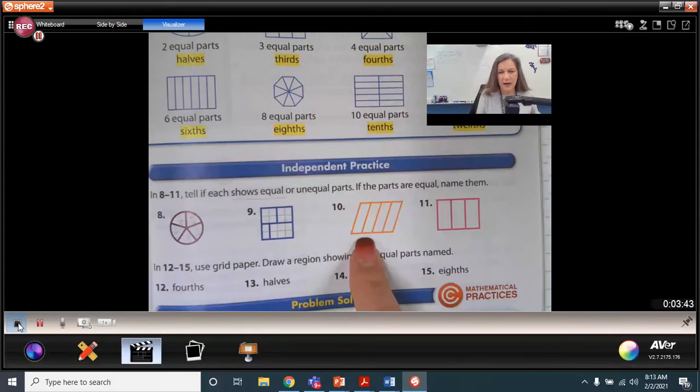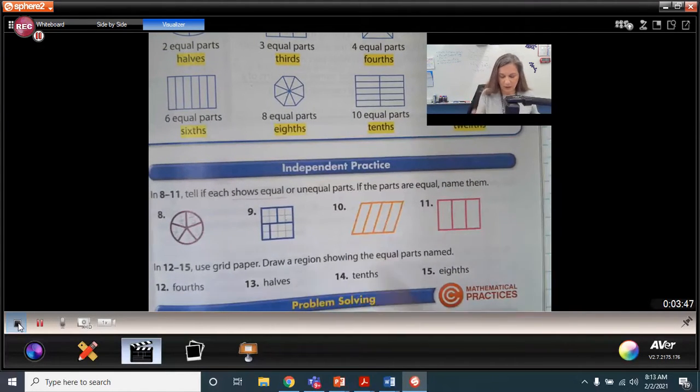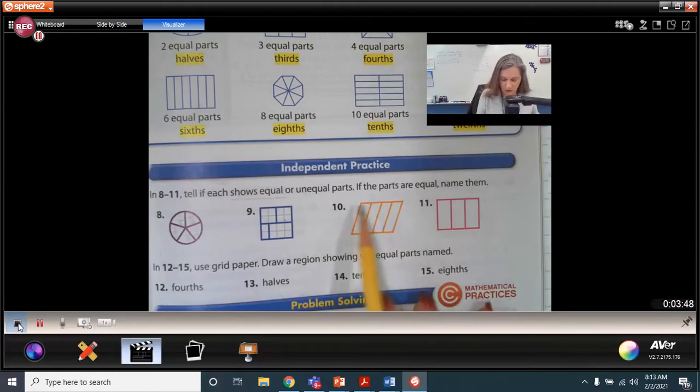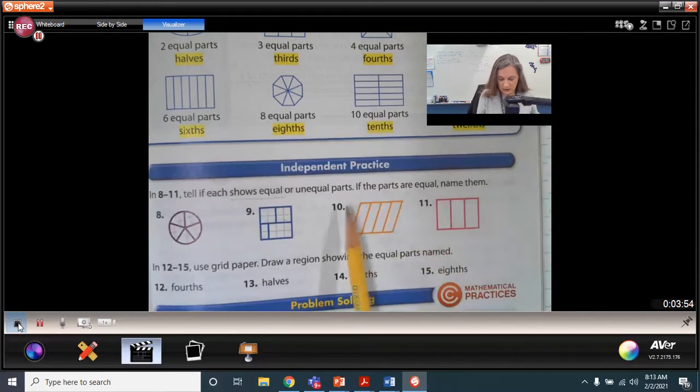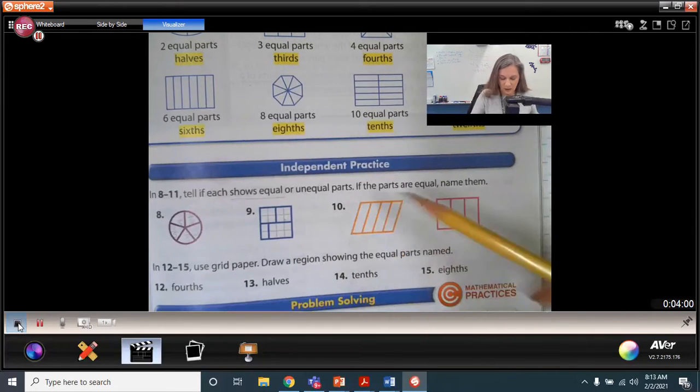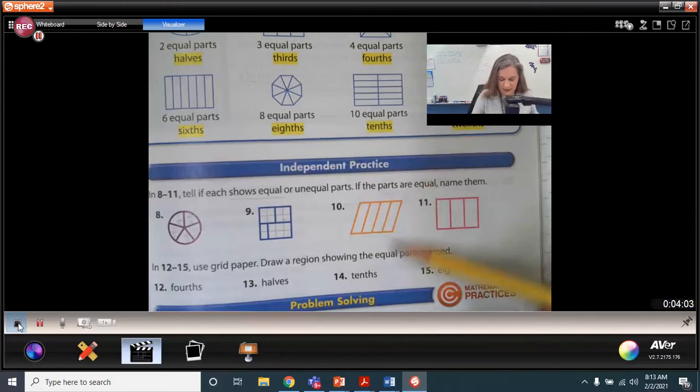Number 10 is a parallelogram. Everybody remember parallelogram? A parallelogram is a quadrilateral with 2 pairs of parallel sides, which means the top and the bottom are parallel. That means they're the same distance apart and they go the same direction. And the left and the right sides are also parallel.